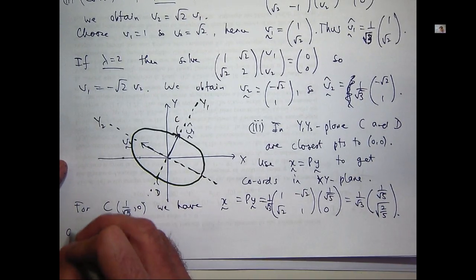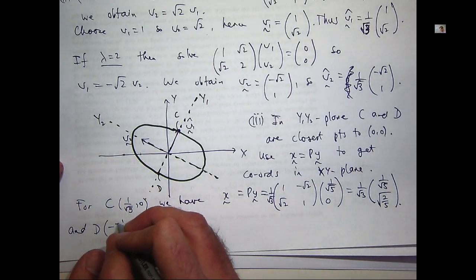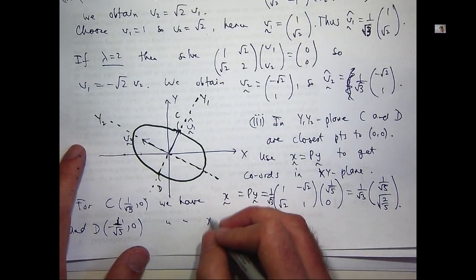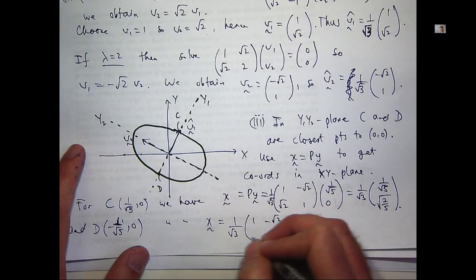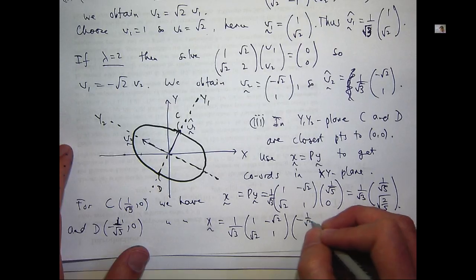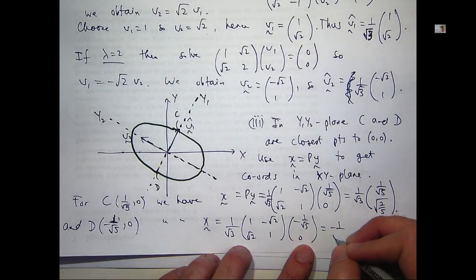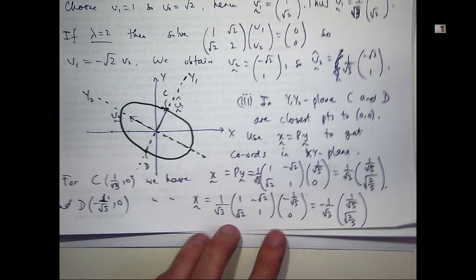And similarly, D is going to be similar. Minus 1 on root, so that's just going to be the negative of that. I've been a bit lazy there, and I probably could simplify that a bit more.